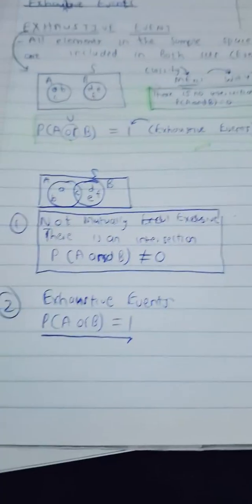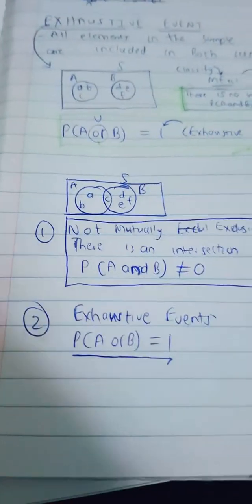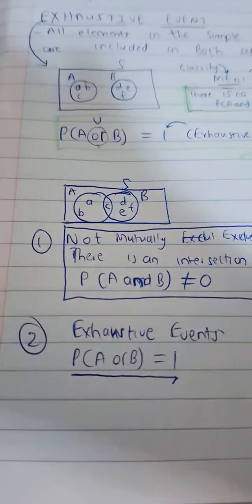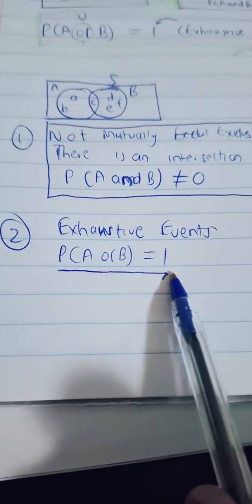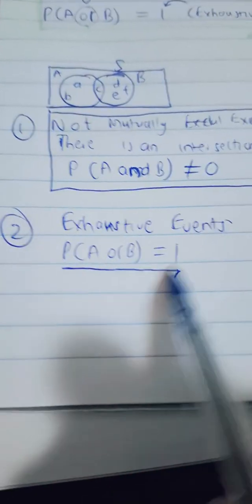Let me take it up a notch so that you can understand why we are saying the probability of A or B is equal to 1. Maybe some of you are like, I don't even get this. Why is the probability of A or B equal to 1?